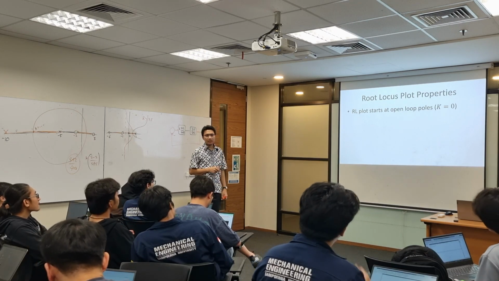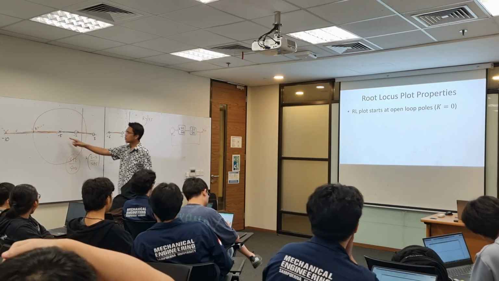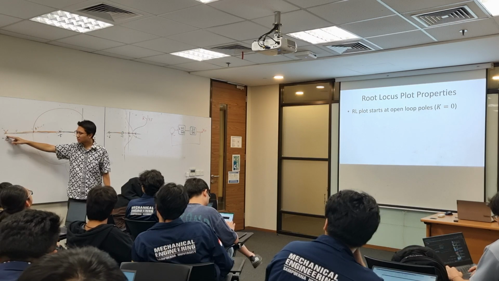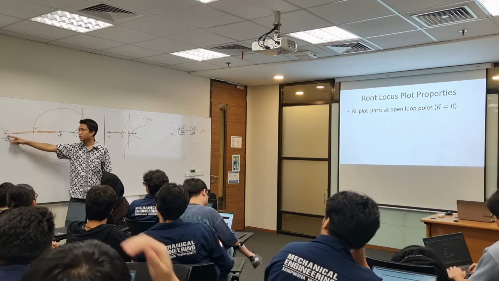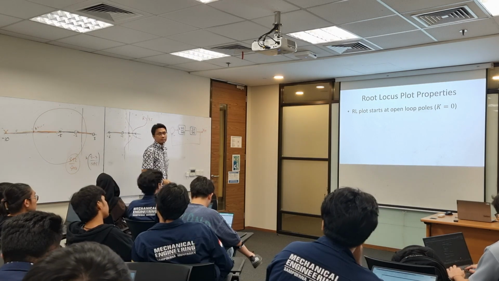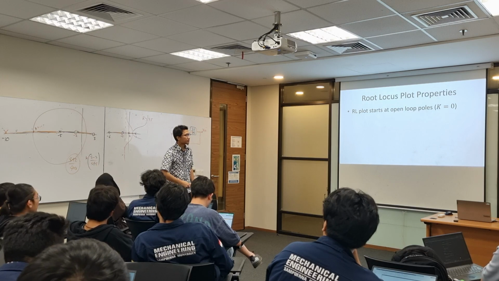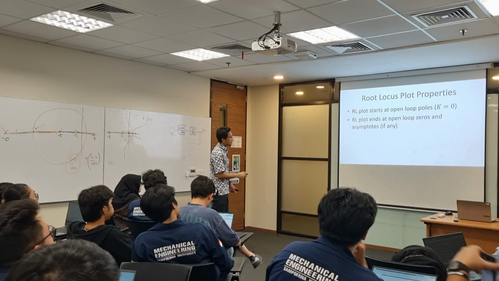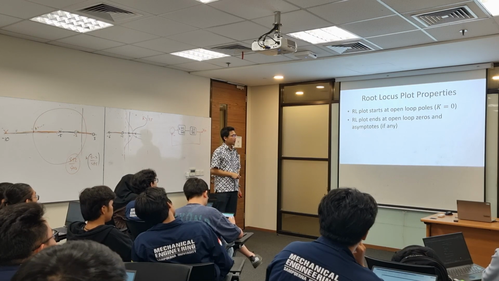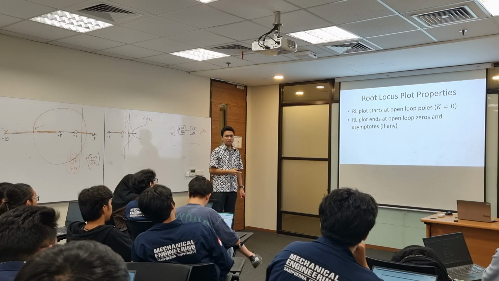The first thing is that it starts at the open loop poles. That means this is the root locus when k equals 0. When k equals 0, the location of the root locus is at the open loop poles. And the root locus plot will end either at open loop zeros or at asymptotes.